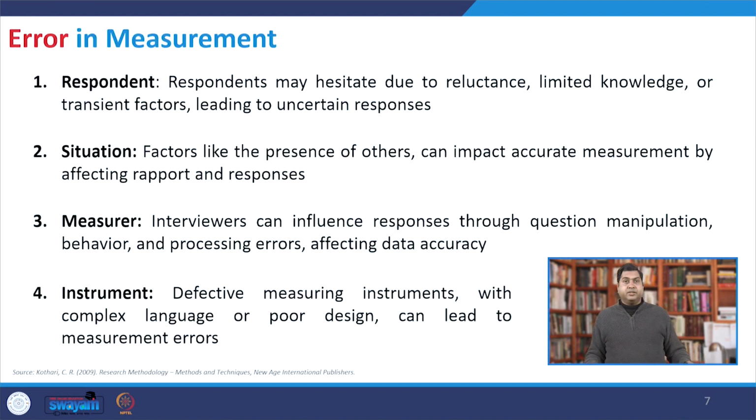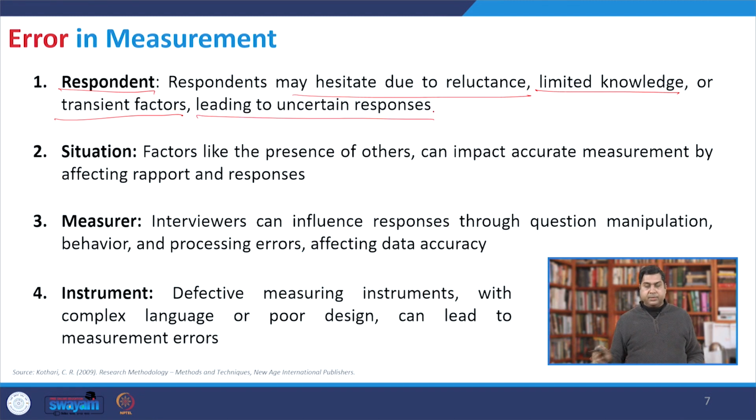Now, common errors in measurement. One can be from the respondent side. Respondents may hesitate due to reluctance, limited knowledge, or being unable to get the meaning of that particular scale or survey, or there might be other transient factors, their state of mind at that particular time, leading to uncertain responses. Say I am asking for information on a certain scale, right?